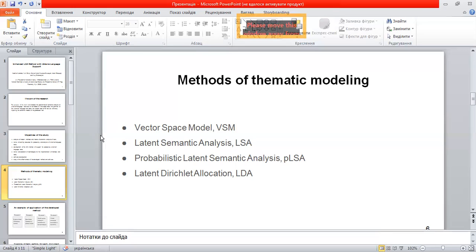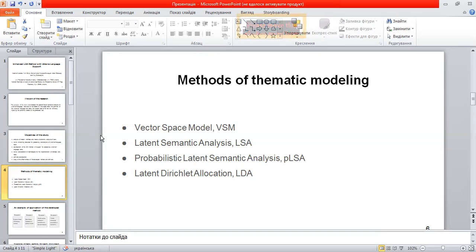A document is just a set of words, and their order in the documents is ignored. It is important only how many times the word occurs in the document. The semantic meaning of the document is determined by a set of words that go together. Each word has a single meaning, which is a simplification, but it allows you to solve many problems.